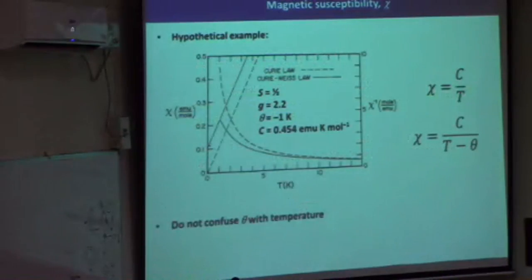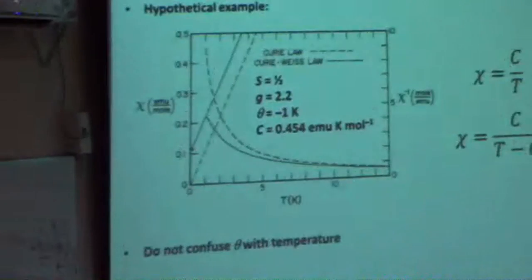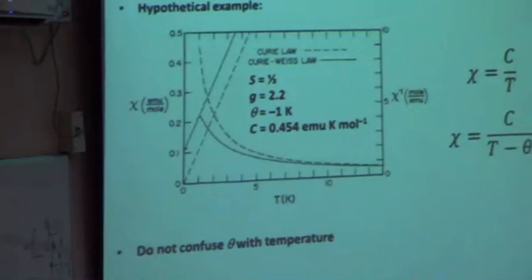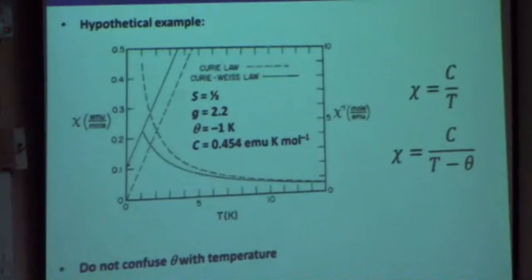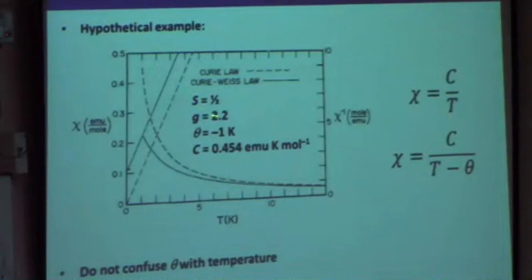So what I thought I'd do is just show you in terms of some data what you would actually get from something like this. This is an example with a spin of about half, with a g value of about 2.2. But this is a theoretical situation in which we have two sets of data.